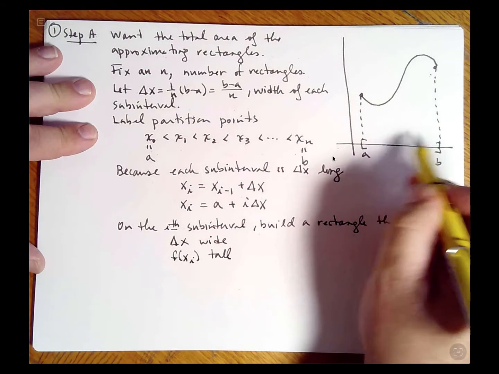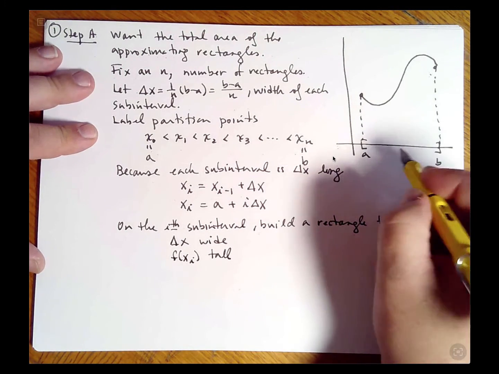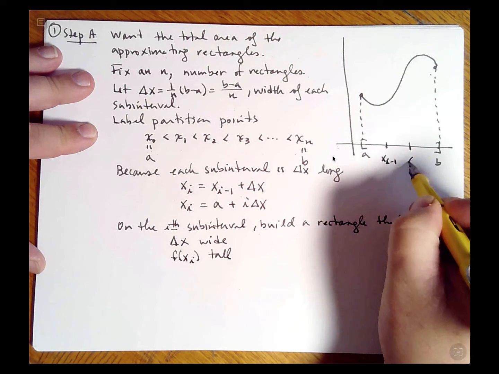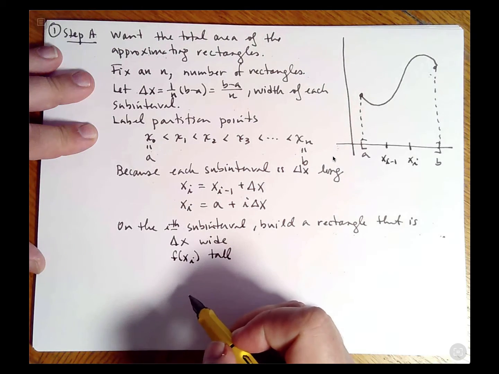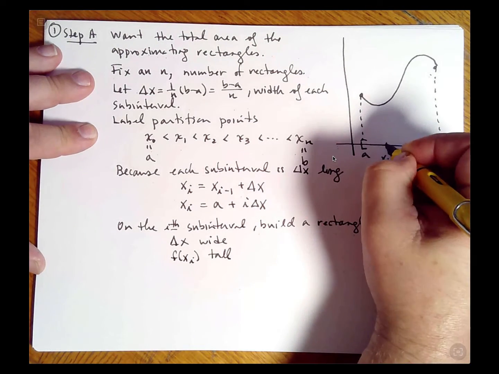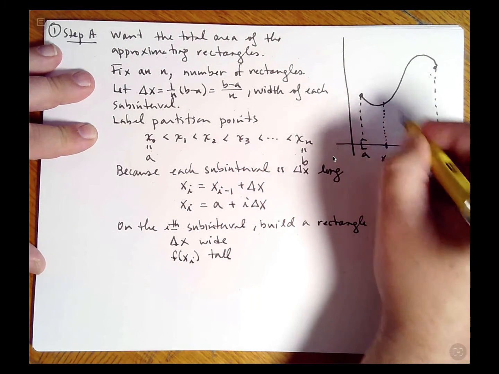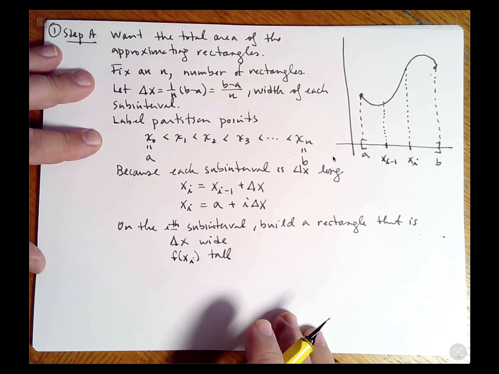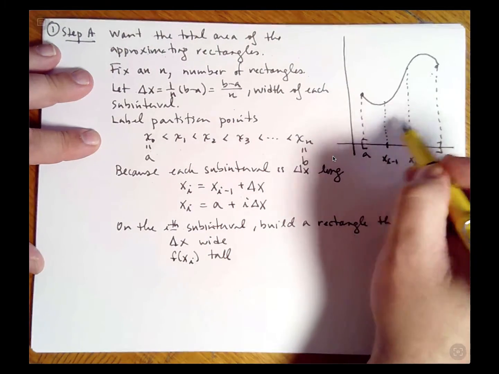So let me show you on the picture what that looks like. I'm going to put the endpoints for the ith subinterval here. And these partition points are where we make our slices. So think of our region as being sliced these two places. So I'm going to put a rectangle here.